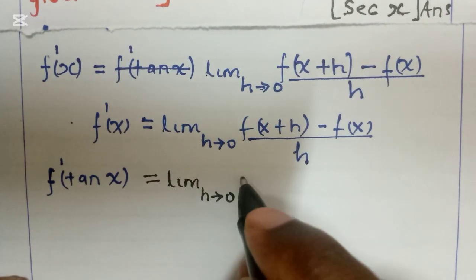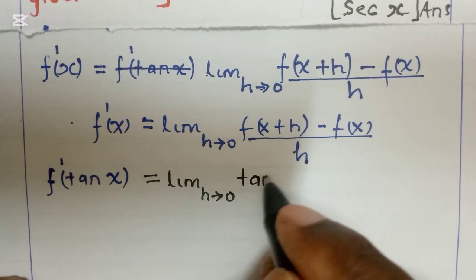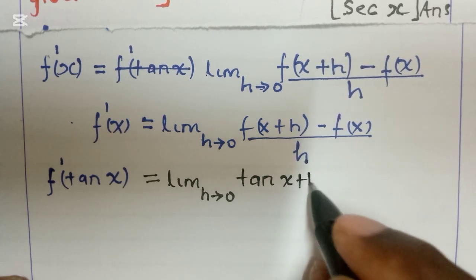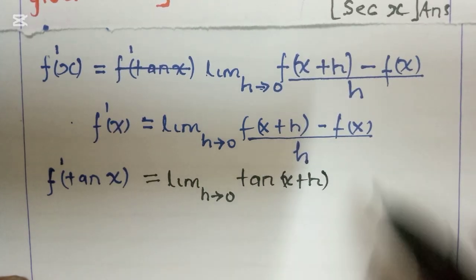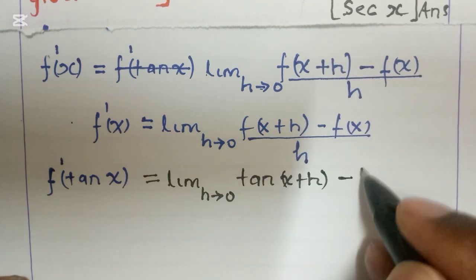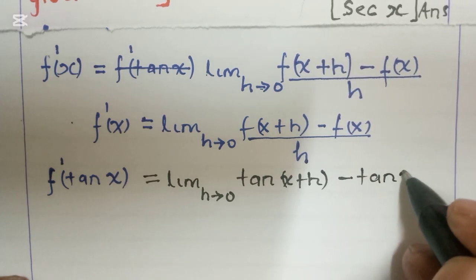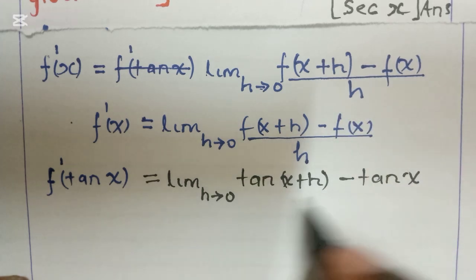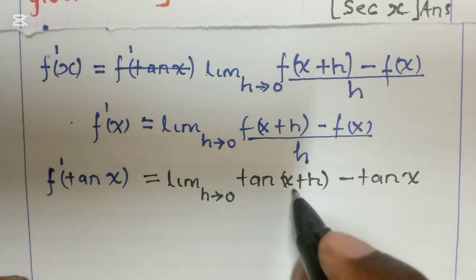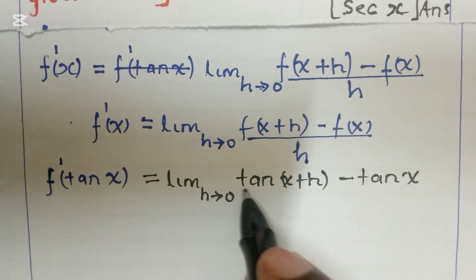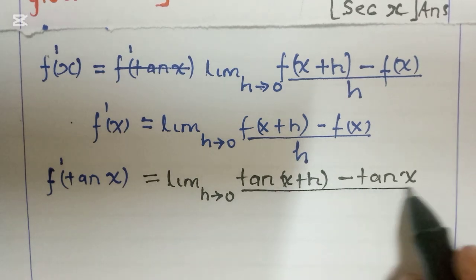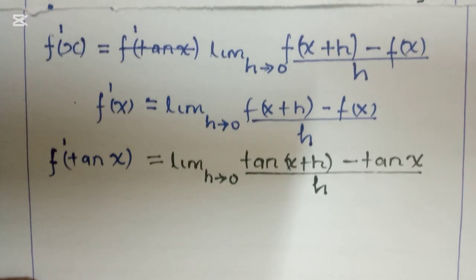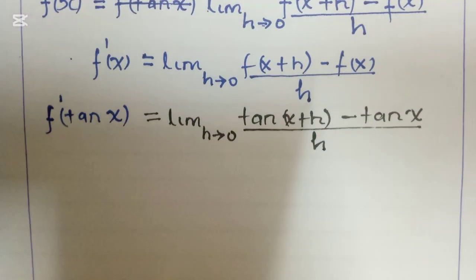So this is going to be tan(x plus h) minus tan(x) all over h. This is the original value, and h has been added to x.